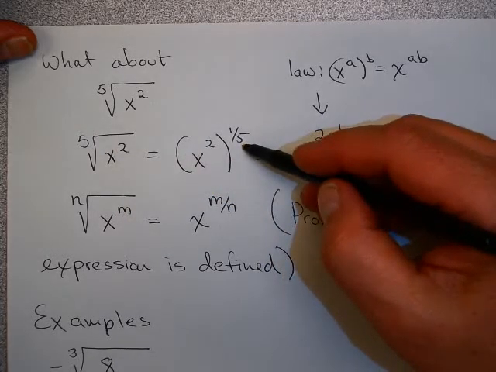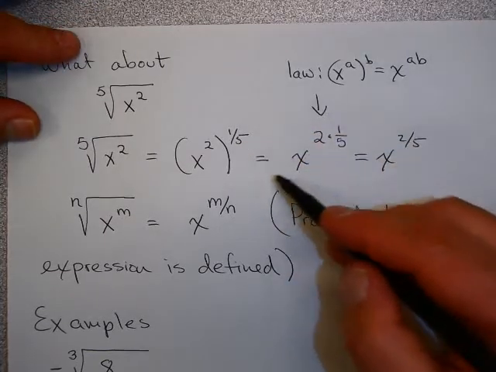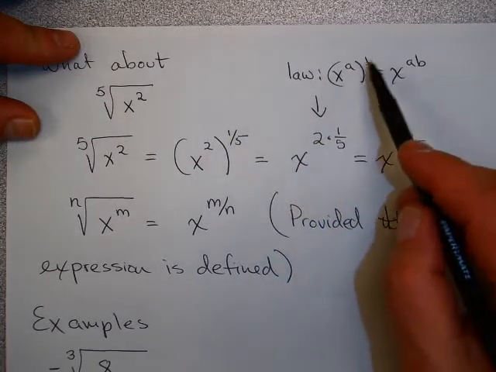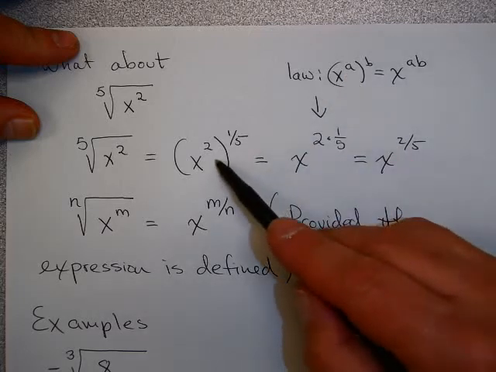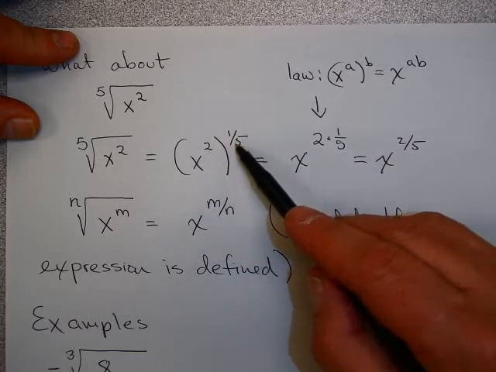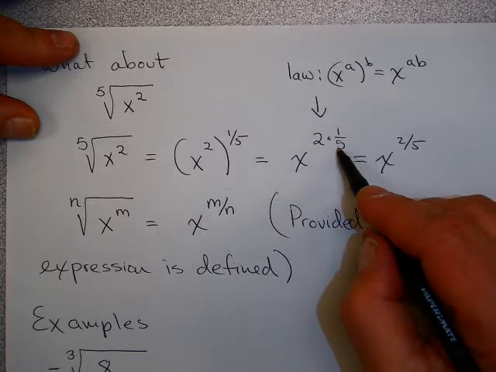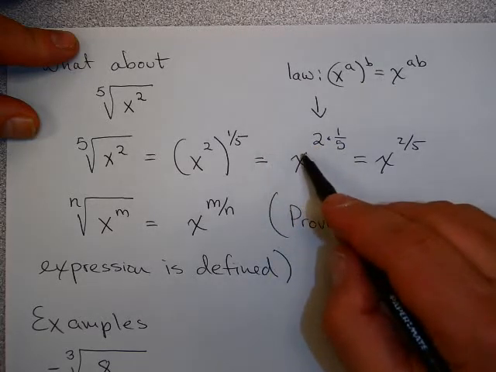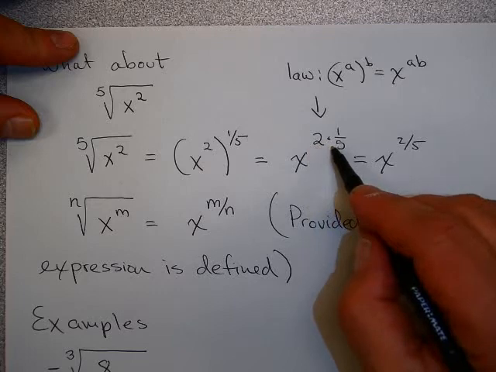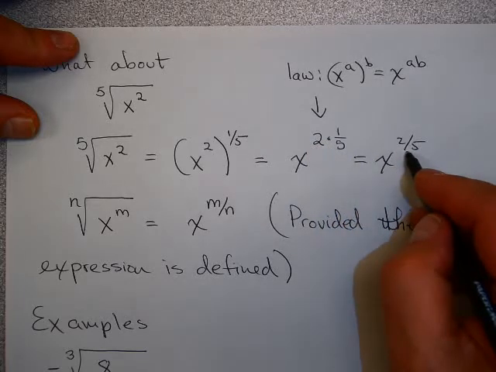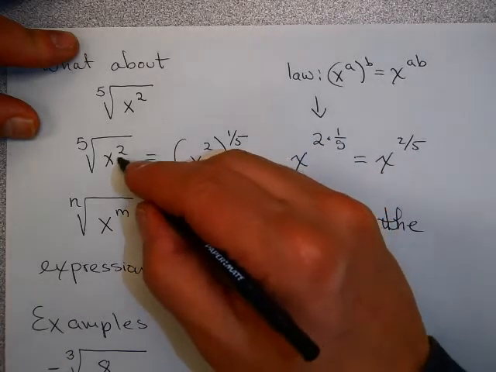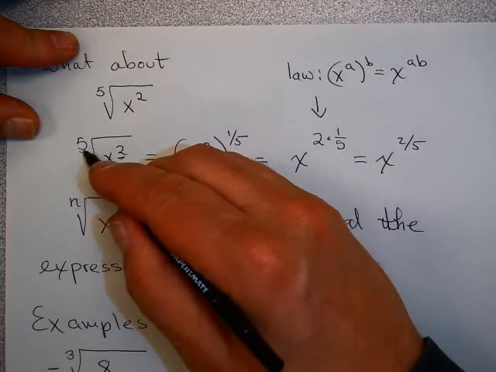Now, if you remember your rule of exponents, that if you have x to the a raised to the b power, that means x to the a times b. You can write this as x to the 2 times 1/5. And of course, 2 times 1/5 is 2/5. Notice the 2 is on the inside and the 5 is on the outside.